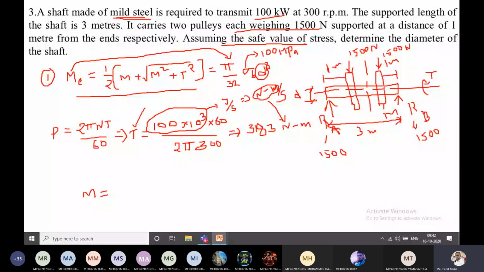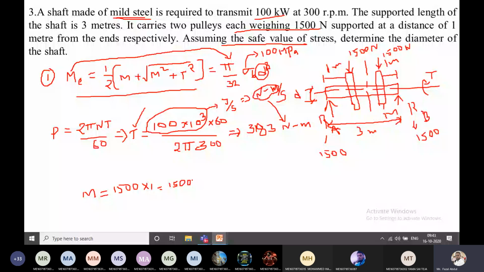So maximum bending moment is 1500 into 1, and we get the answer 1500. What are the units here? 1500 Newton meter, because the distance is in meters. So we got the maximum bending moment, as well as the torque value.